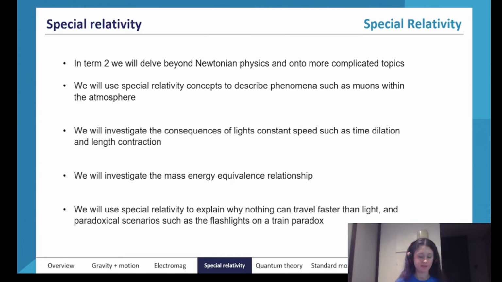We're going to investigate the consequences of light's constant speed, such as time dilation and length contraction. We're going to investigate the energy-mass equivalence relationship. And then we're going to use special relativity to explain why nothing can travel faster than light and paradoxical scenarios such as the flashlight on a train paradox.